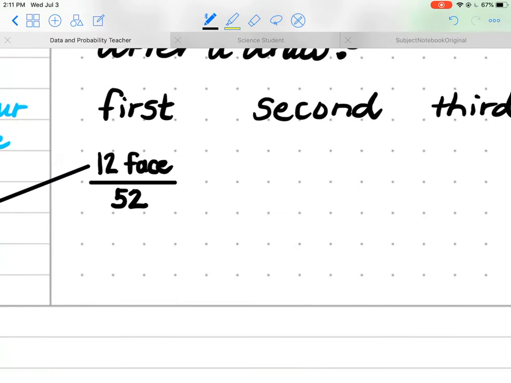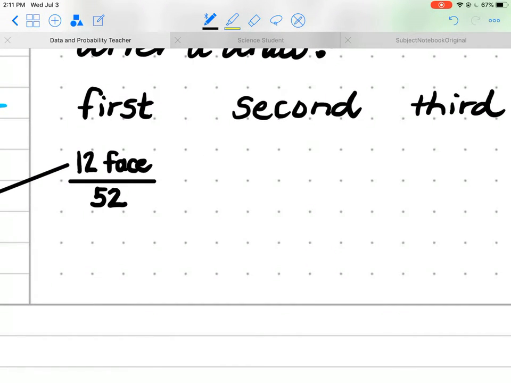Okay, in the second draw, how many cards were left in the deck? Remember, you took one of them out, so there are 51. And now we have 11 face cards, because we took one out in the first draw, we're assuming.